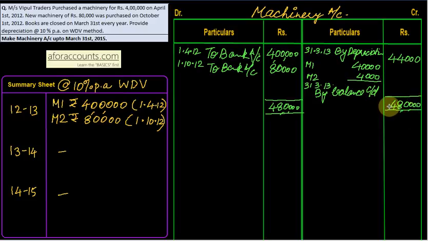And 4 lakh 80,000 minus 44,000 comes up to 4 lakh 36,000. So the first year is over. Now start with the calculations of the second year. Write the opening balance first. So 1/4/13, to balance brought down 4 lakh 36,000.